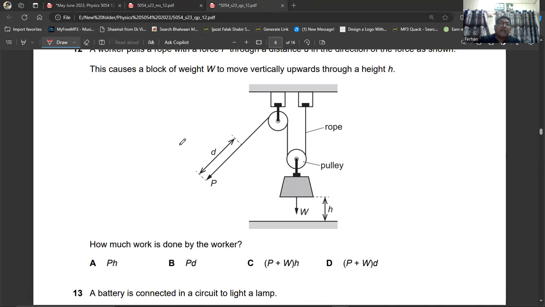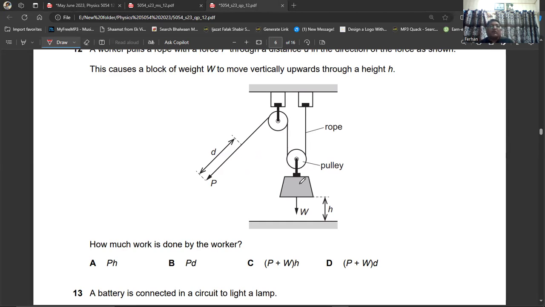The useful work done by the worker is this one. He has moved the weight by a vertical height of H. So the useful work is actually W times H, but that is not given in the options.